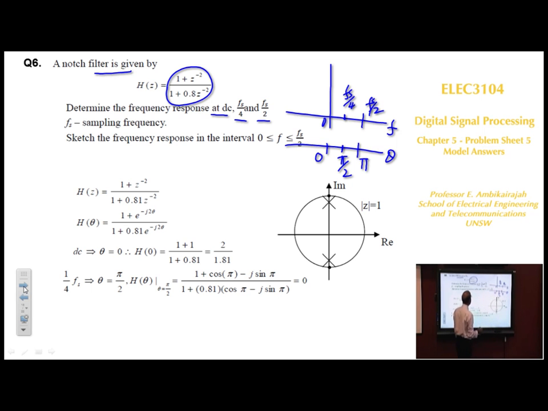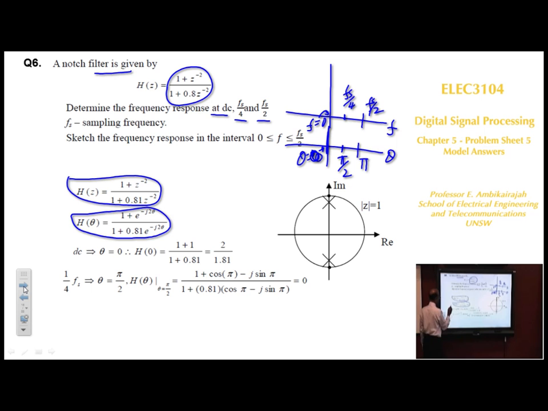That's how the translation is, right? And this is f equal to 0, this is theta equals 0, that position right there. So what you do, you just find H(z), with z equal to e to the j theta.